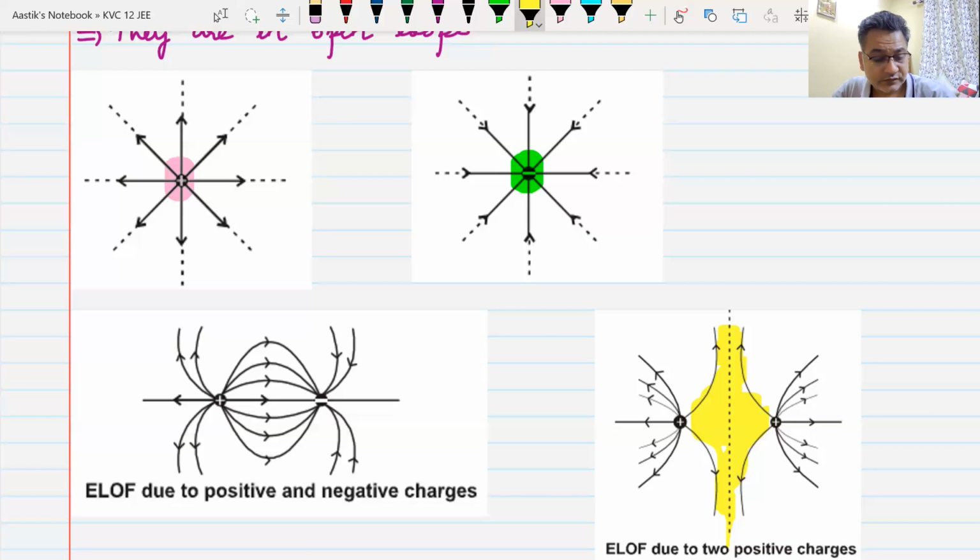Yes, anyone? That is the next point. Have you done this? Because field lines can never intersect. Why? Or touch? Why? That is what I'm asking. Have you drawn this? There is a lateral repulsion.